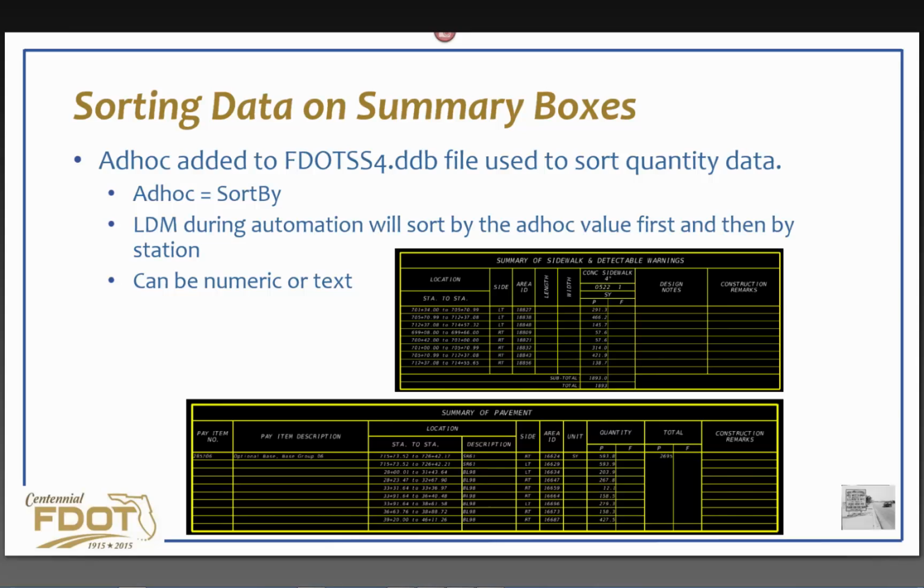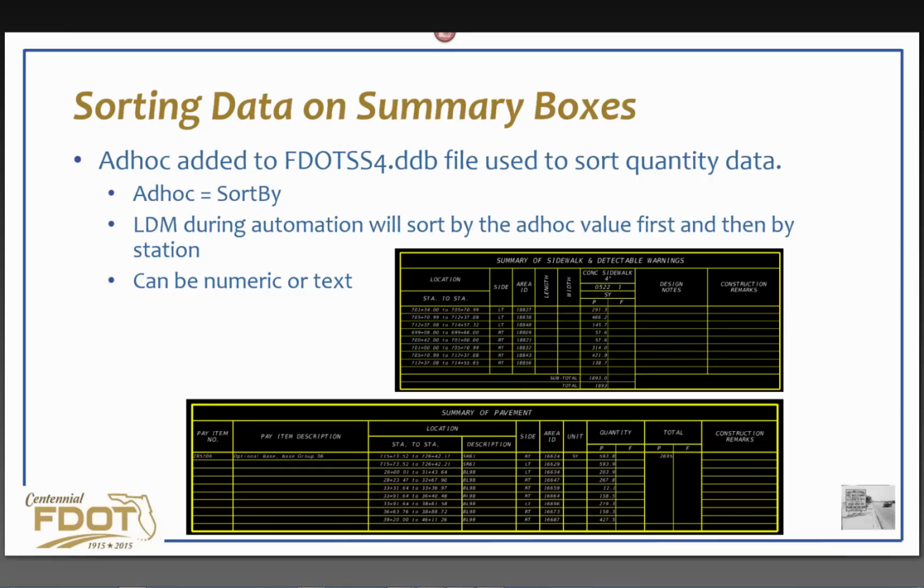And this ad hoc called sort by is used by LDM during automation in order to sort the quantities in the list. Okay, so it'll sort by this ad hoc first, and then it sorts by station. It can be numeric or text.